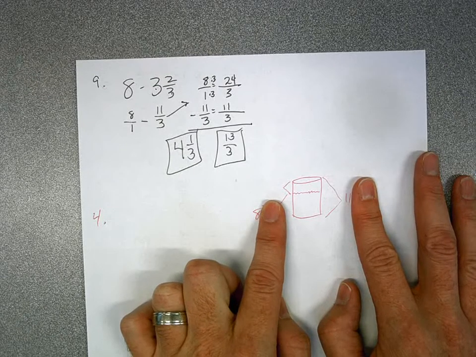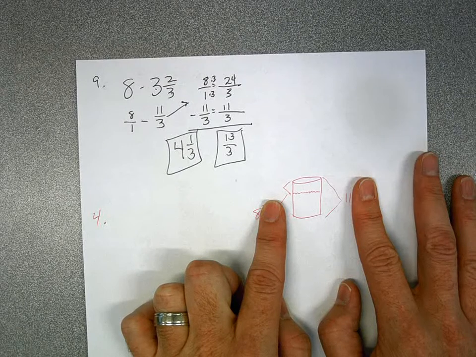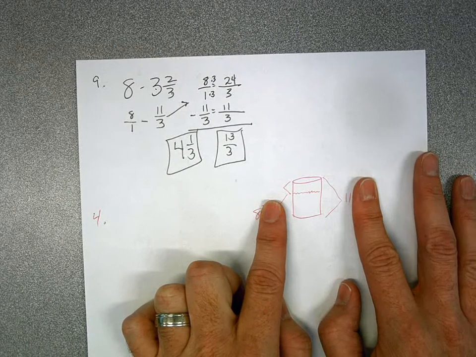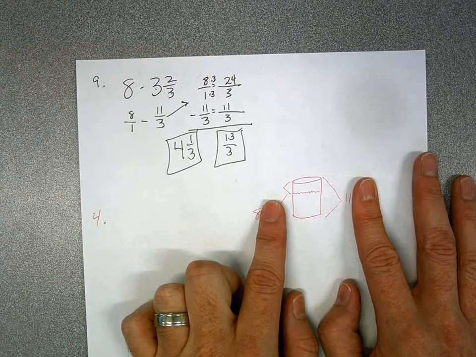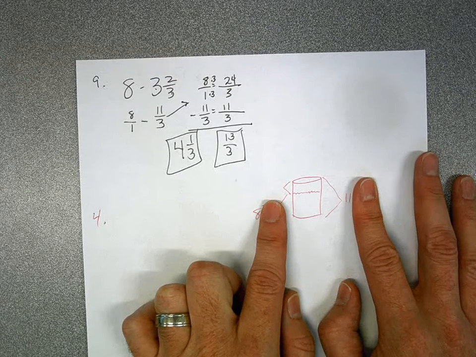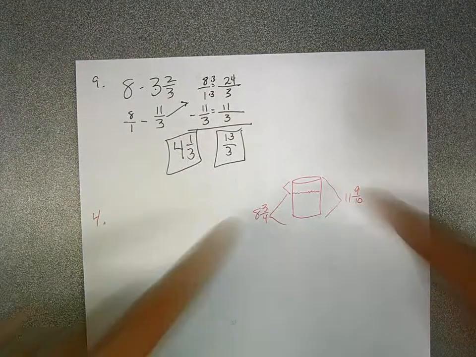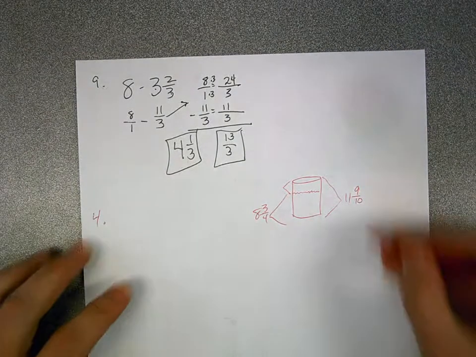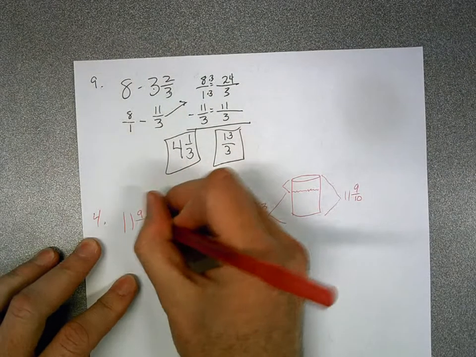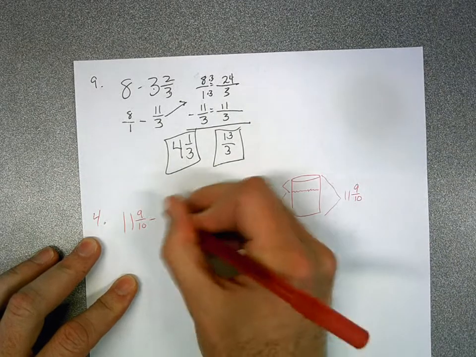Now, that doesn't give us the answer to our problem, right? But what it does tell us is, ask yourself, how did you solve it? What did you do? How did you get 3? You subtract. So guess what? We put the fractions back on, and that tells us exactly what we need to do. 11 9/10 subtract 8 3/4.